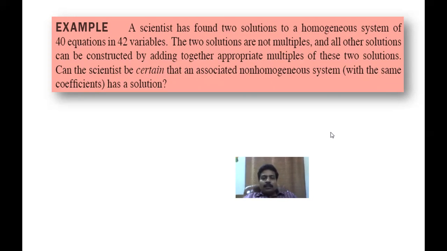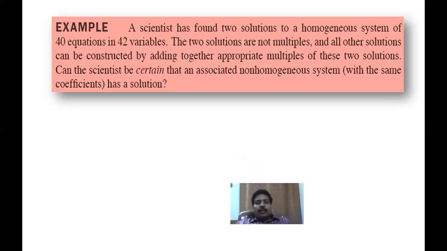Let us convert this problem into our known parameters. Here there are 40 equations with 42 variables. So 40 equations can be written as 40 rows with 42 unknowns.